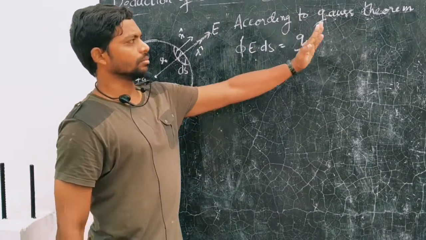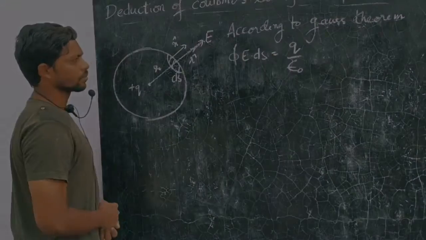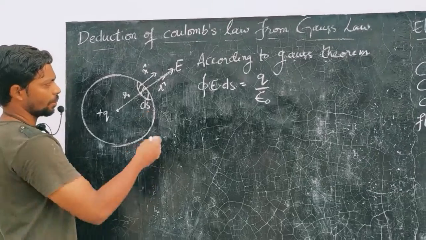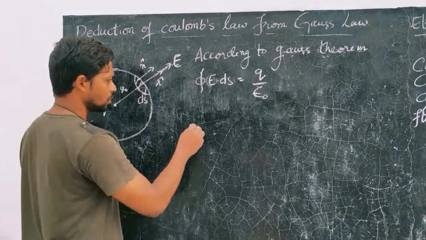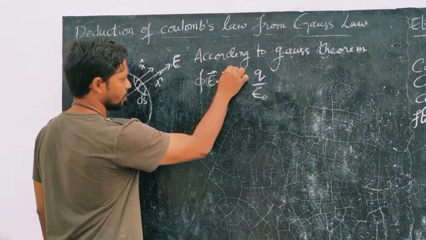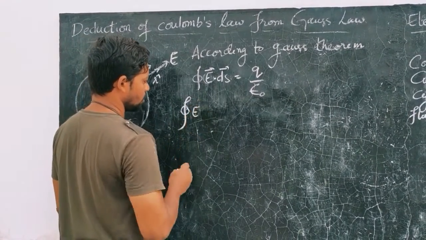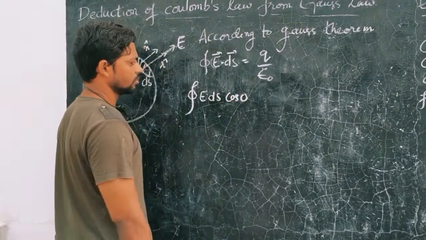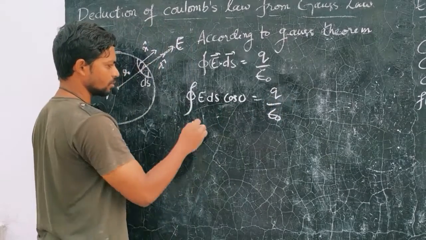According to Gauss theorem, we know integral E dot dS is Q by epsilon naught, right? Now we know that the angle between the electric field intensity and the area element is 0. So I would write here integral of E dS cos 0 equal to Q by epsilon naught. Cos 0 value is 1.